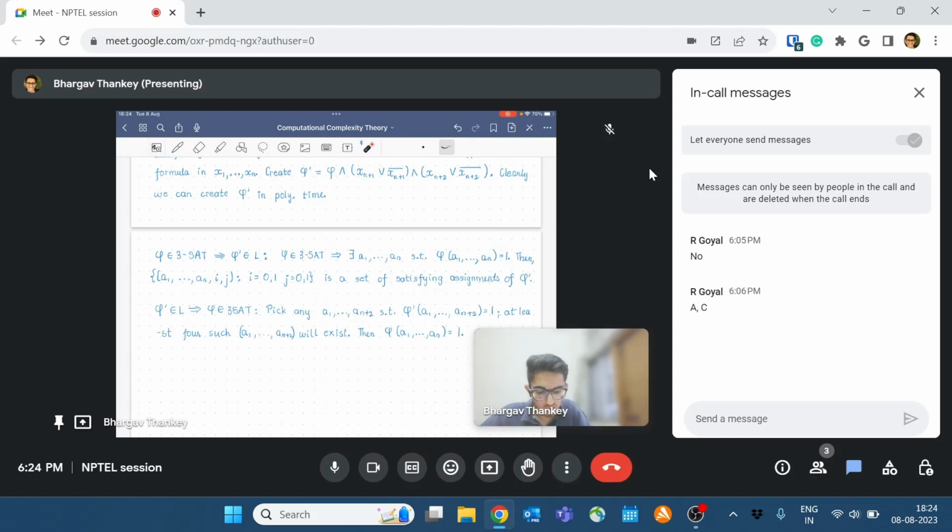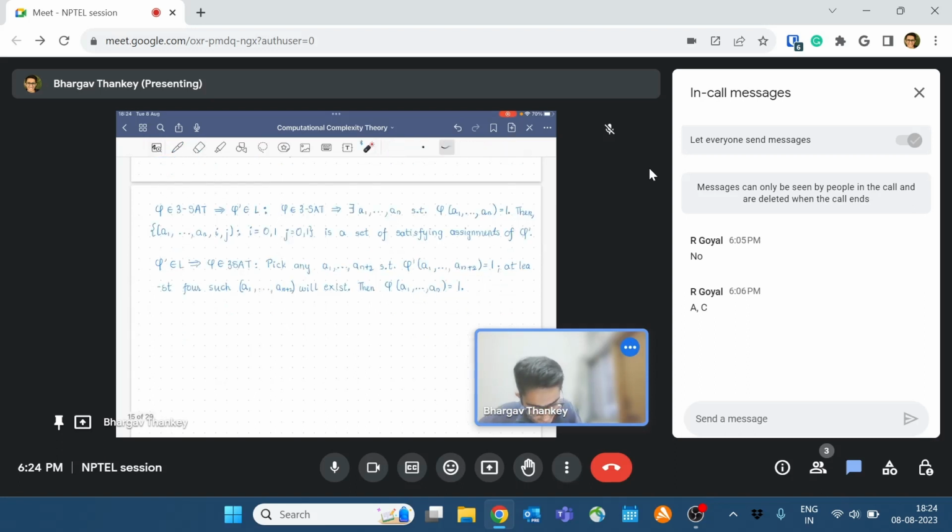Because if phi were false, then since there is an AND over here, phi prime would be false, right? But since phi does not contain x(n+1) and x(n+2), let me write it.